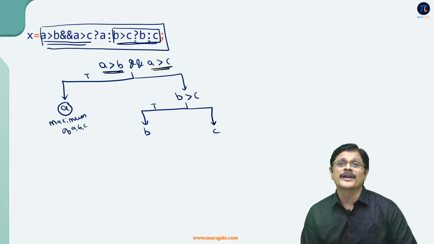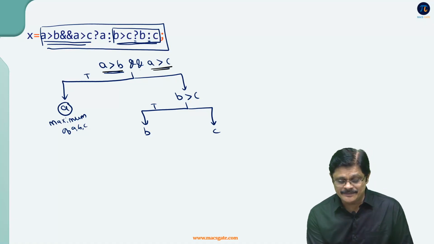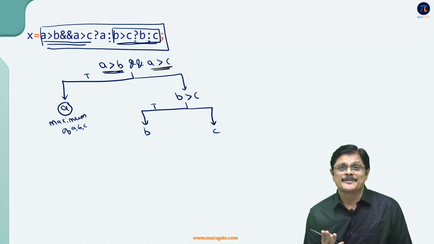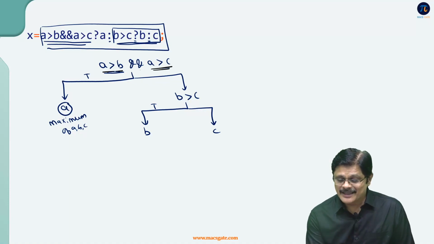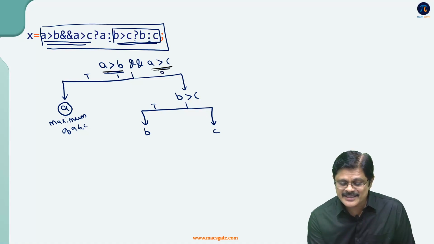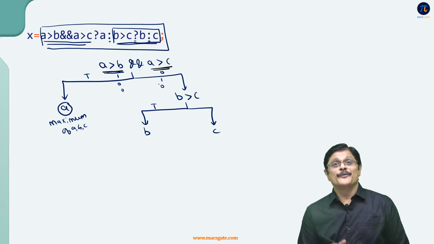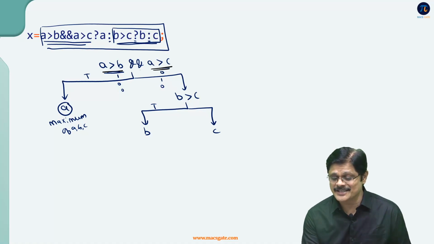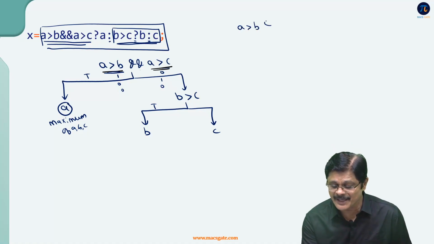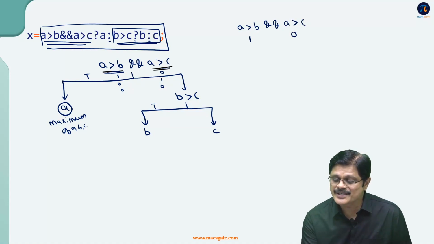Now, let us go to the right hand side. Here there are 3 possibilities: this is 1, this is 0; this is 0, this is 1; both 0. We need to analyze all 3 conditions for a greater than b and a greater than c.